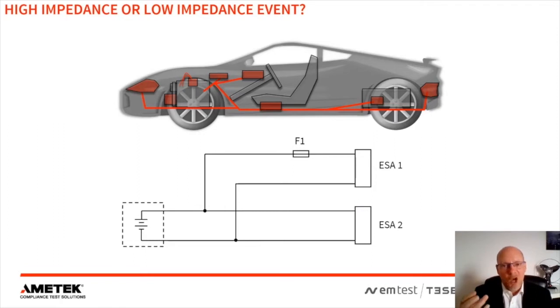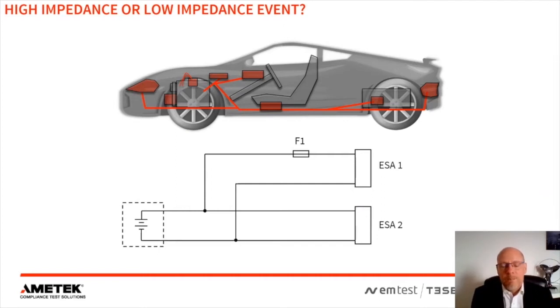That would be a large load on the rest of the vehicle, and that would result in a voltage drop as seen by the ESE that we are testing at the moment, the DUT. And as soon as the fuse burns completely through, the voltage returns to normal.